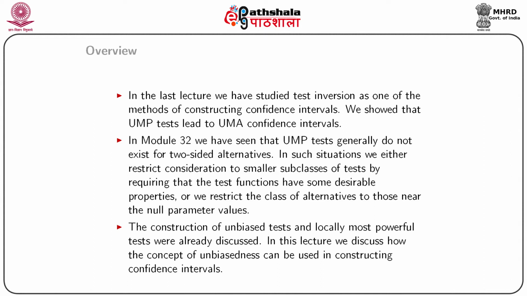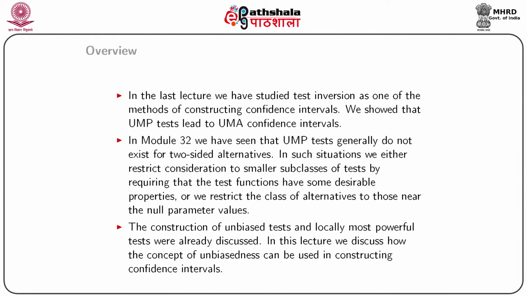In the last lecture, we have studied test inversion as one of the methods of constructing confidence intervals. We showed that UMP tests lead to UMA confidence intervals. In module 32, we have seen that UMP tests generally do not exist for two-sided alternatives.